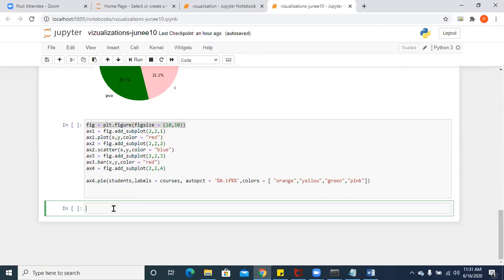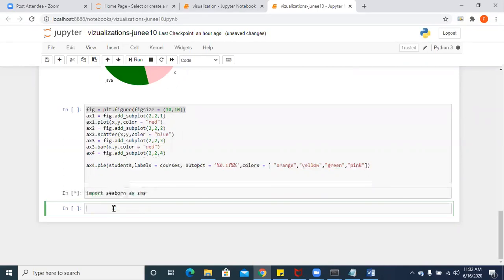First, in order to work with Seaborn, you have to import the library. How do you import it? Import seaborn as sns.